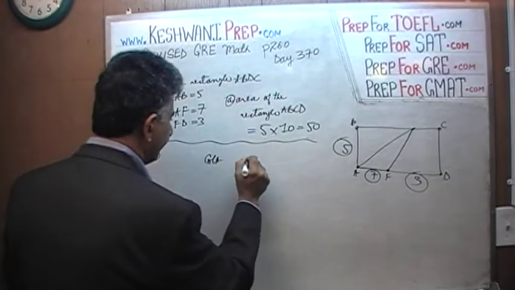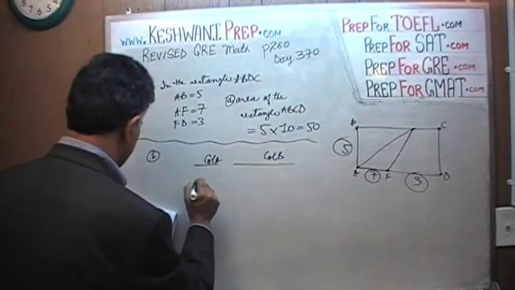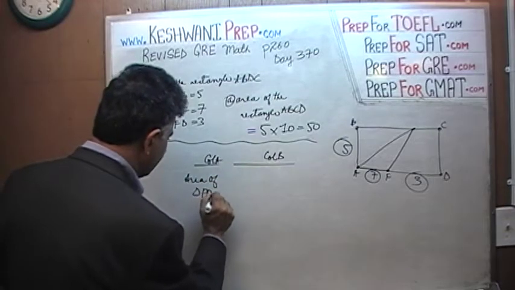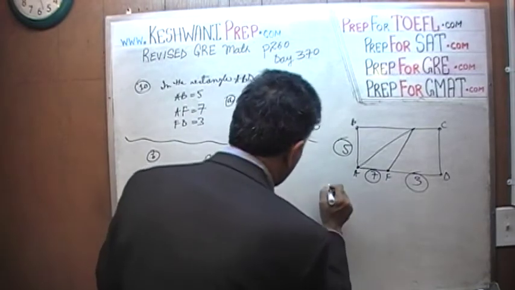Column A, column B: the area of triangle PQR versus 15. And here's your triangle PQR.